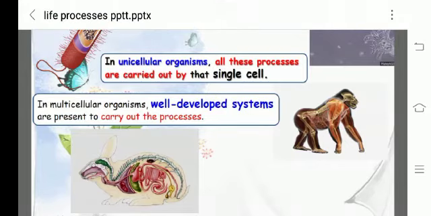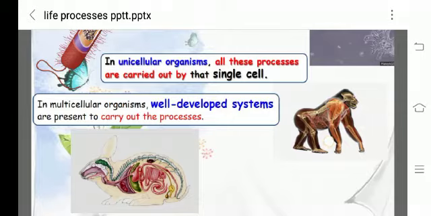The next one is multicellular organism. For example, we are multicellular organisms, where well developed systems are present to carry out the processes. There is a difference between a unicellular, single cell organism and we people.